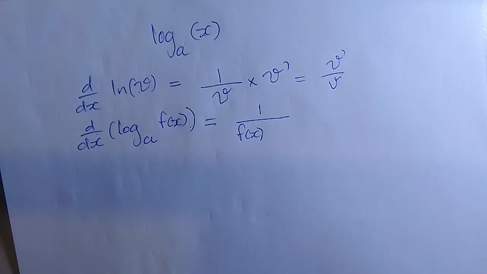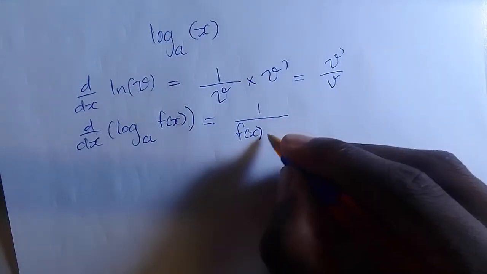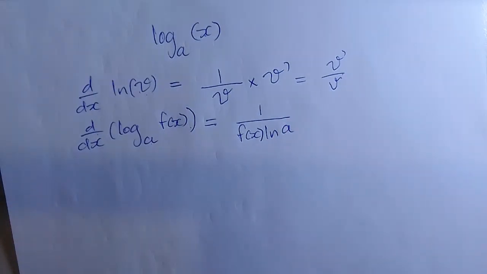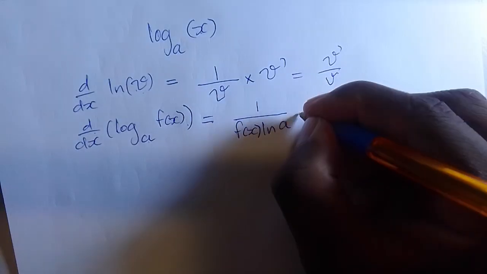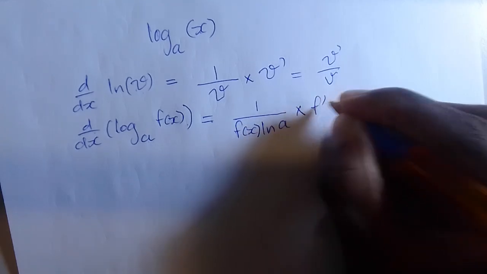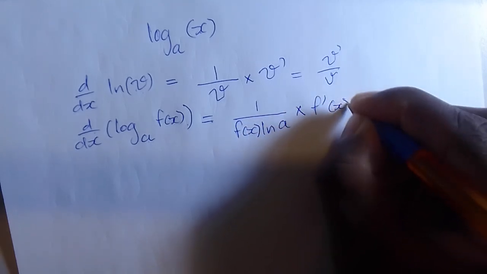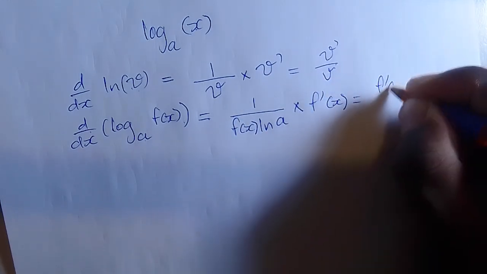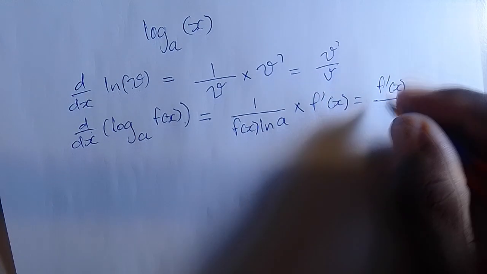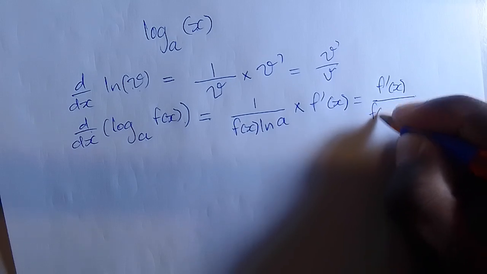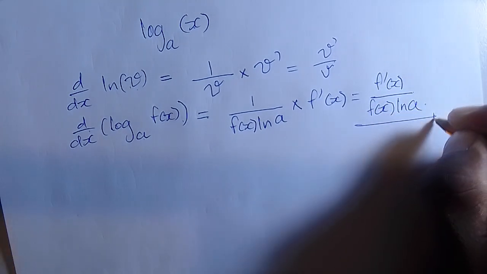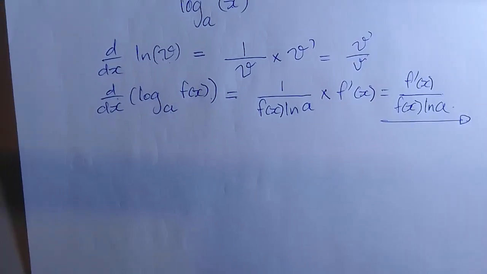Now much like the exponential function, here you include ln of the base a in this case, and then you differentiate the inside, which gives us f prime x. Now this simplifies to f prime of x divided by f at x ln a. Right, these are our rules.